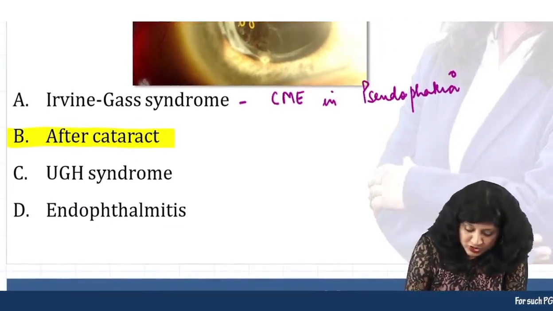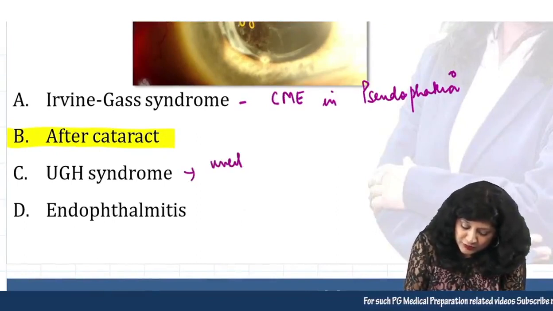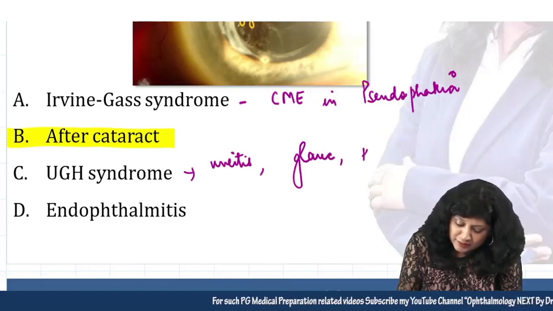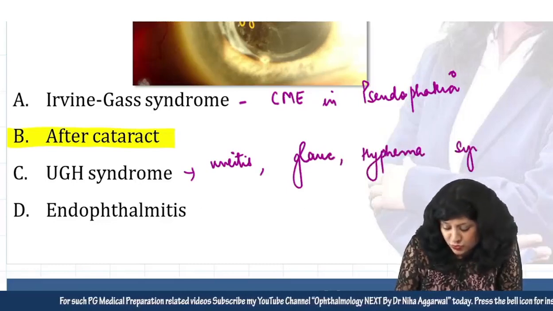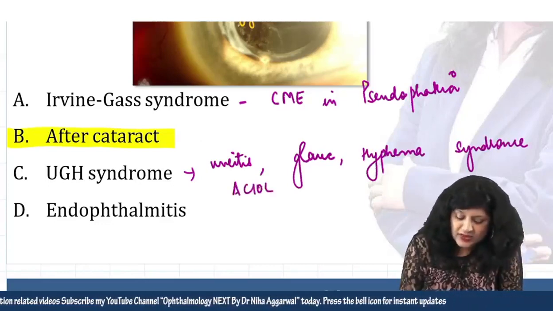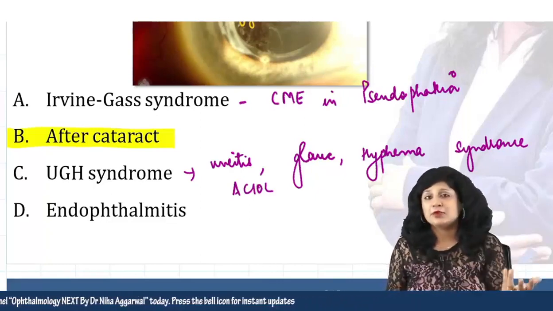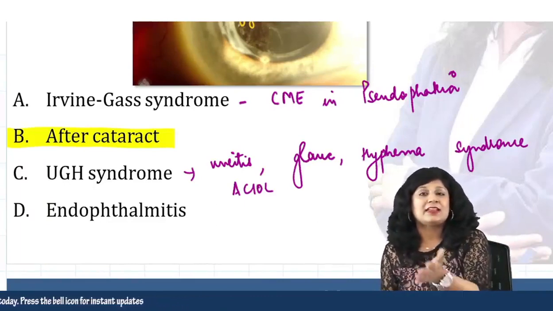Then third is the UGH syndrome. UGH syndrome is actually uveitis, glaucoma and hyphema syndrome, and usually it occurs due to the ACIOL. When we give the ACIOLs, due to the release of the inflammatory cells, there can be uveitis. Uveitis can lead to the trabecular blockade, and that can lead to glaucoma.